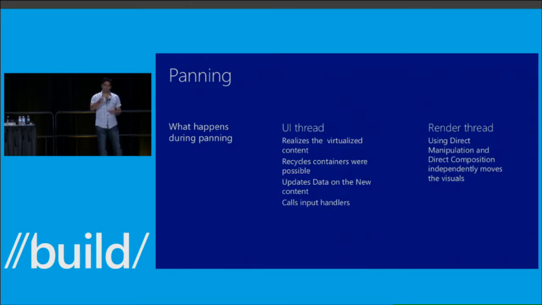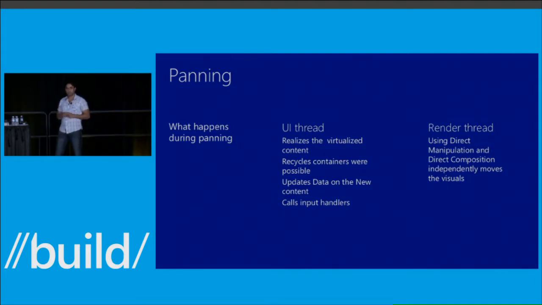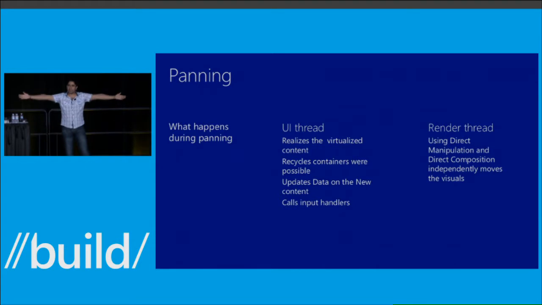Your panel is virtualized, or your panel is not virtualized. If your panel is not virtualized, you don't have a problem. Why? Everything is realized. You have a gigantic rectangle which your render thread is trying to move. You have no blacks. But you're going to pay the cost in startup because you're creating a gigantic amount of elements there. So we highly recommend that you don't do that.